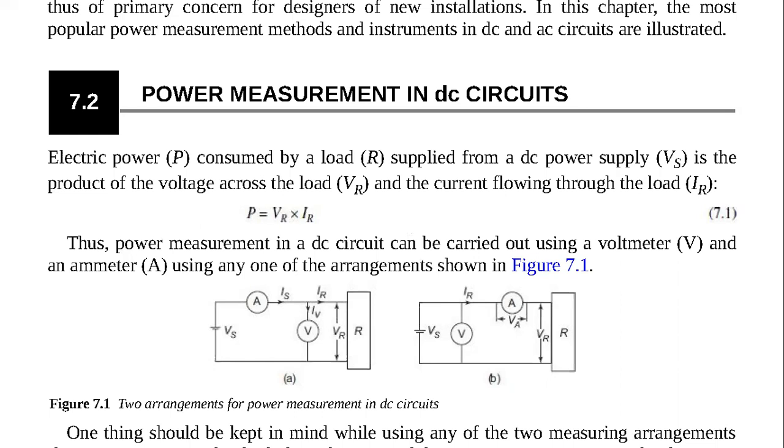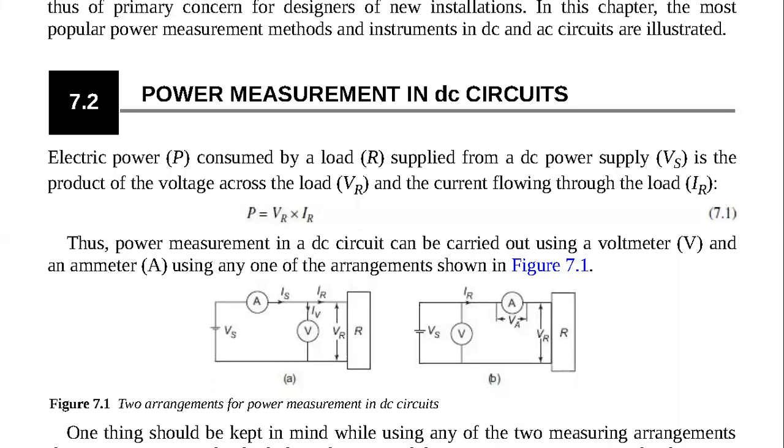You can see that the resistance here, or the load, is connected in series with the supply voltage, that is the VS, as per the illustrations. So that is the product of the voltage across the load, that is the VR, and the current that is flowing through the load, that is IR.